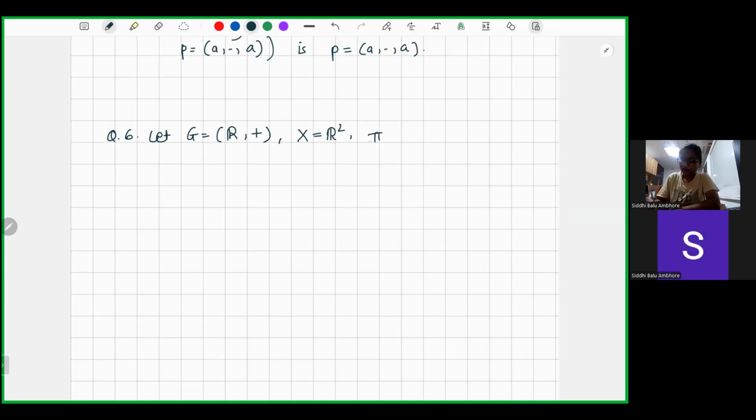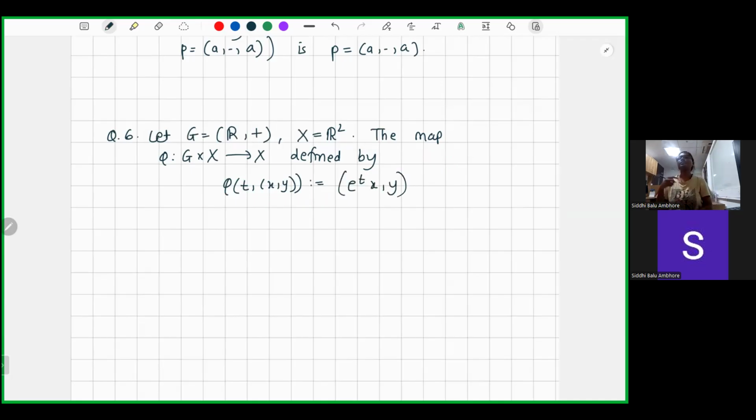The map phi from G cross X to X is defined by phi of t comma (x, y) equals (e^t x, y).